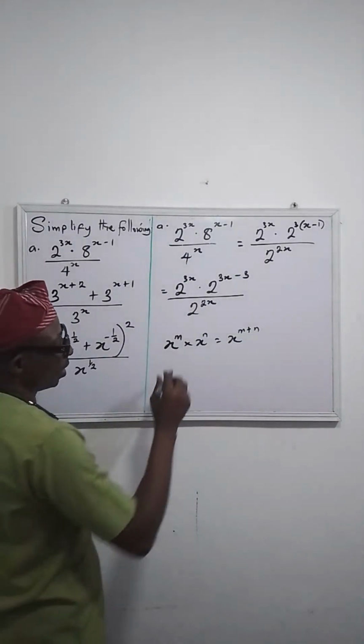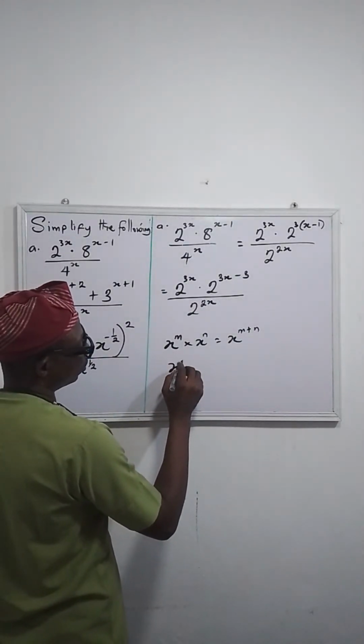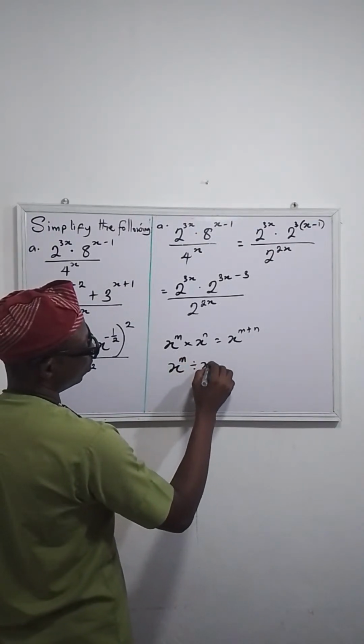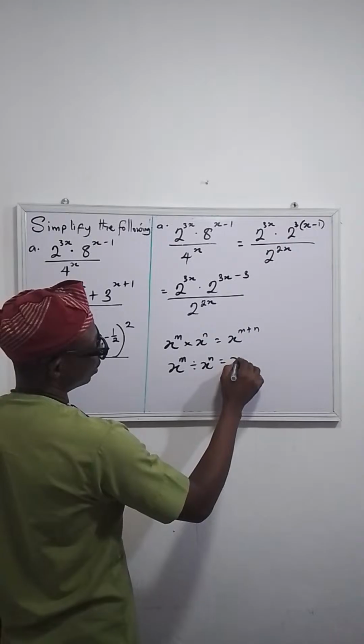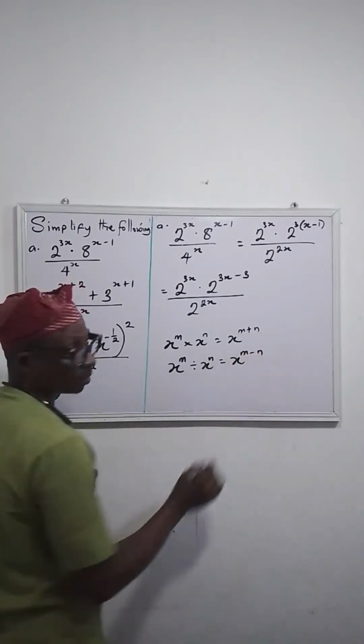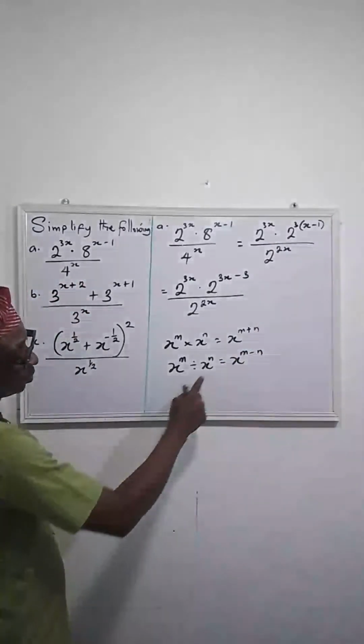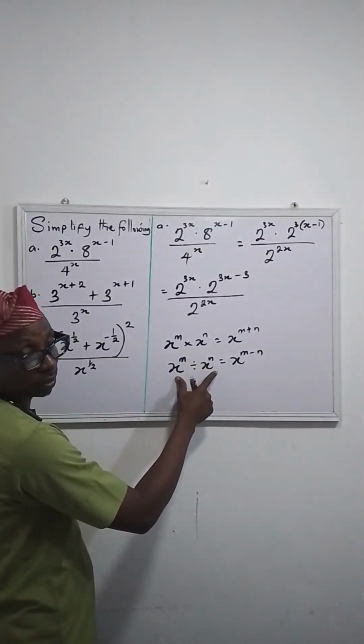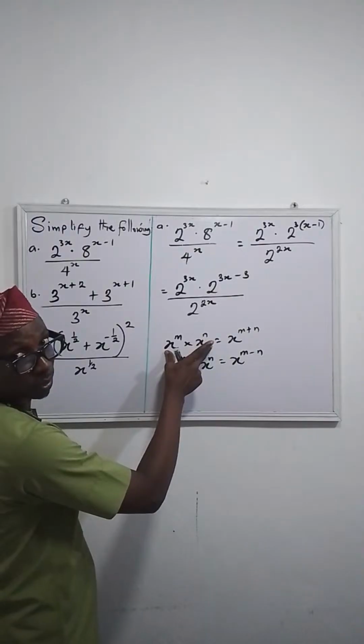All right. So another one is x raised to the power of m divided by x raised to the power of n. The result is x raised to the power of m minus n. You understand? If the base is the same, you subtract the powers. So this is the law of division, and this is the law of multiplication.